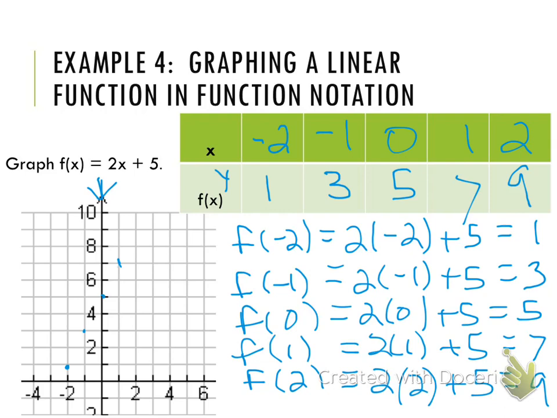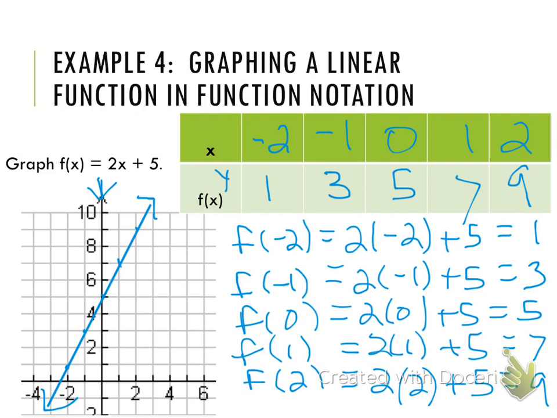And 2, 9. When we graph this, you'll notice it's just a straight line going up, just like this. And we put the arrows on both ends because the line is going to keep on going. So this is the graph of the function f of x equals 2x plus 5.